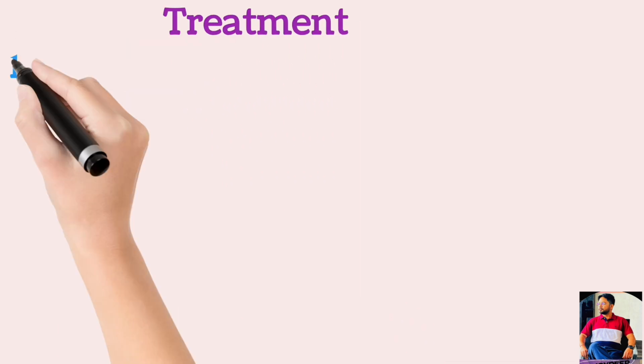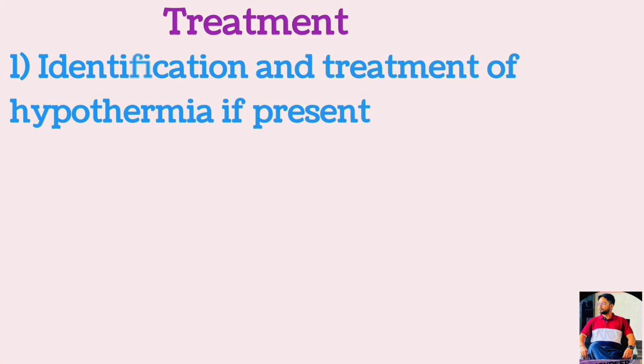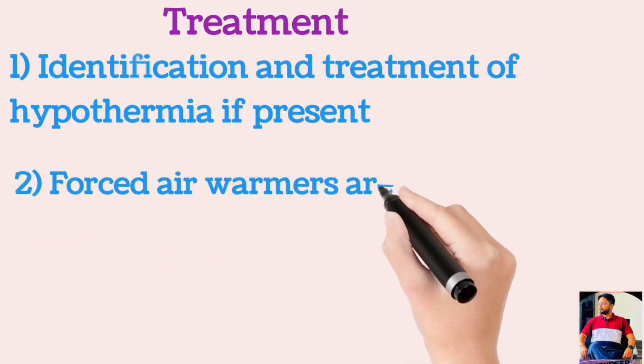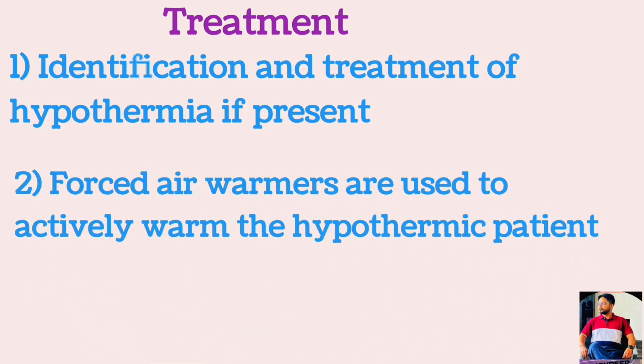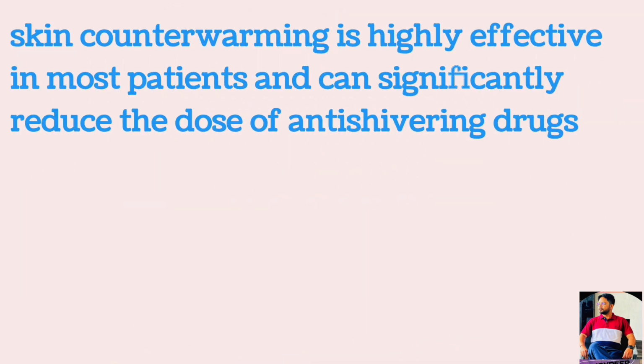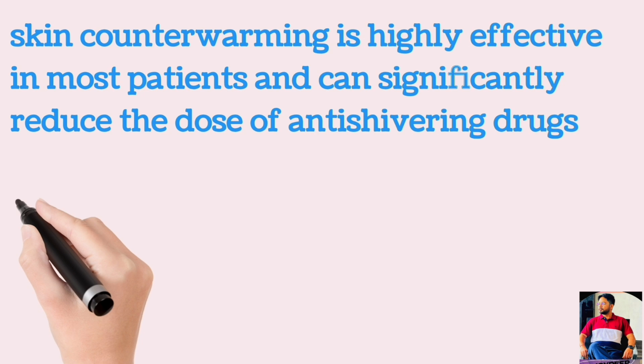Interventions include identification and treatment of hypothermia if present. Accurate core body temperature can be most easily obtained at the tympanic membrane. Forced air warmers are used to warm the patient with hypothermia. Skin contour warming is highly effective in most patients and can significantly reduce the dose of anti-shivering drugs.